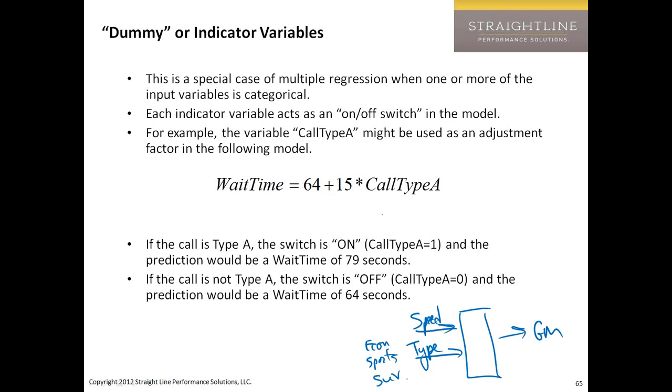And so we could break this up by using what are called dummy variables or indicator variables to include categorical variables in our model. The example given here is that we might use call type to make an adjustment if we were figuring out why customers waited a long time in a call center. Maybe call type would help drive that.